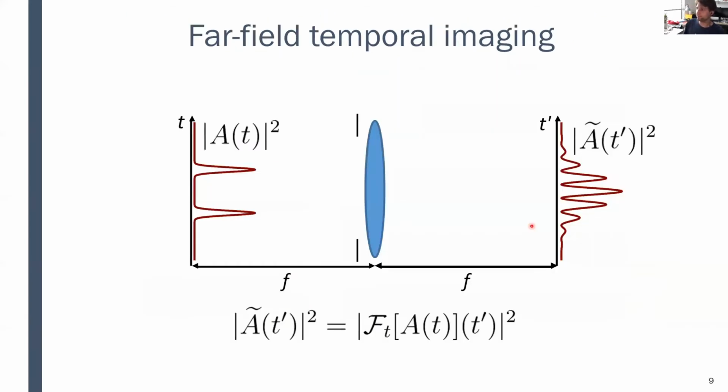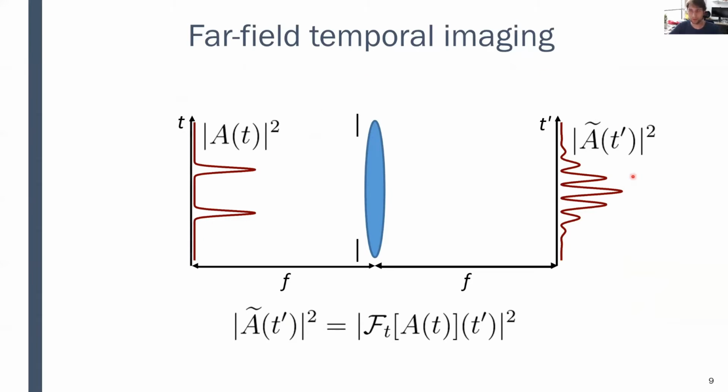So the general idea that I want to stress here is the following. We are looking at spectroscopy as a form of temporal imaging. We start with some field in the temporal domain, and we want to make a Fourier transform.